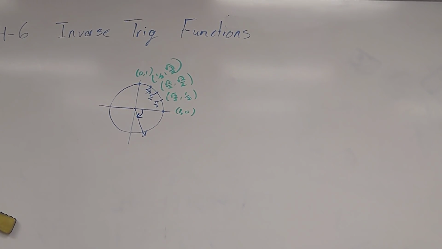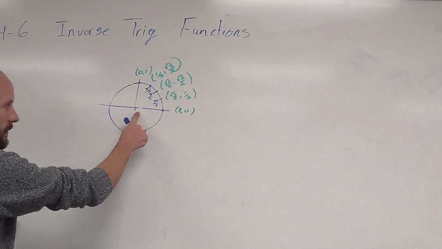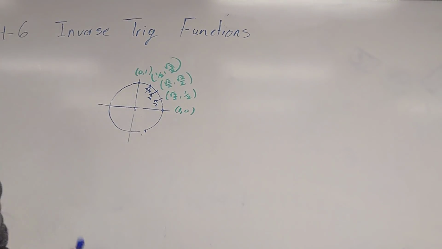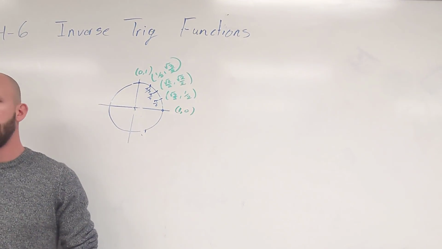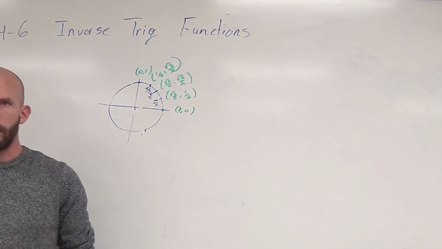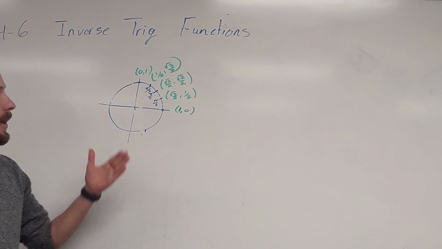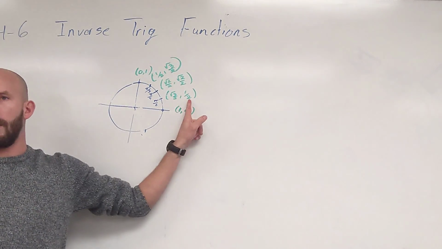Another way to make sense of this is to go back to the unit circle. If I'm looking at our normal trig functions, sine and cosine, and I give you an input, which is an angle, you're going to get exactly one output. If I say sine of pi over 6, you get one value.